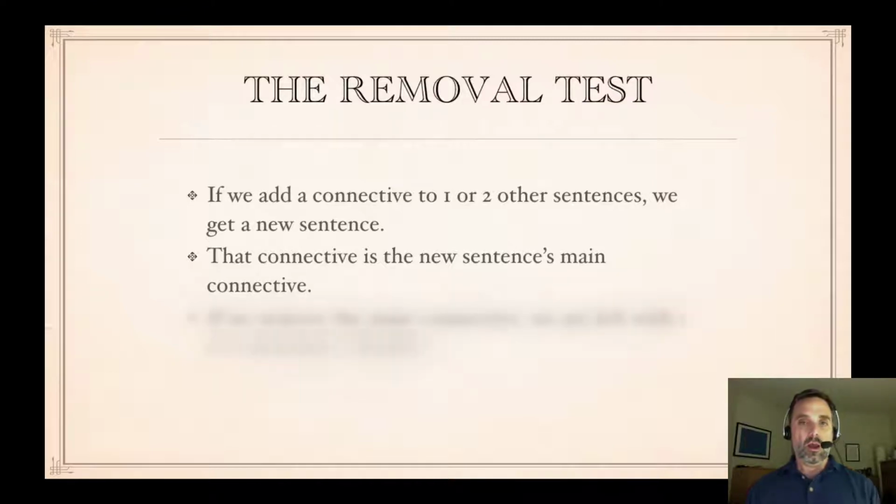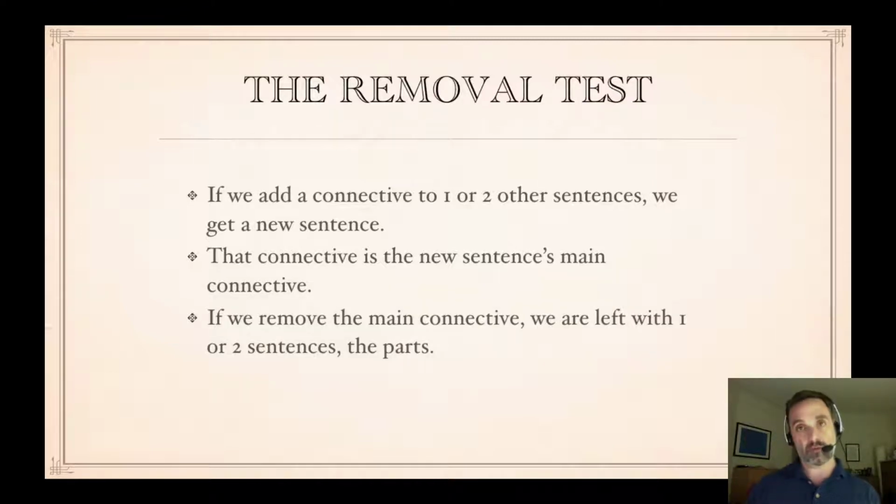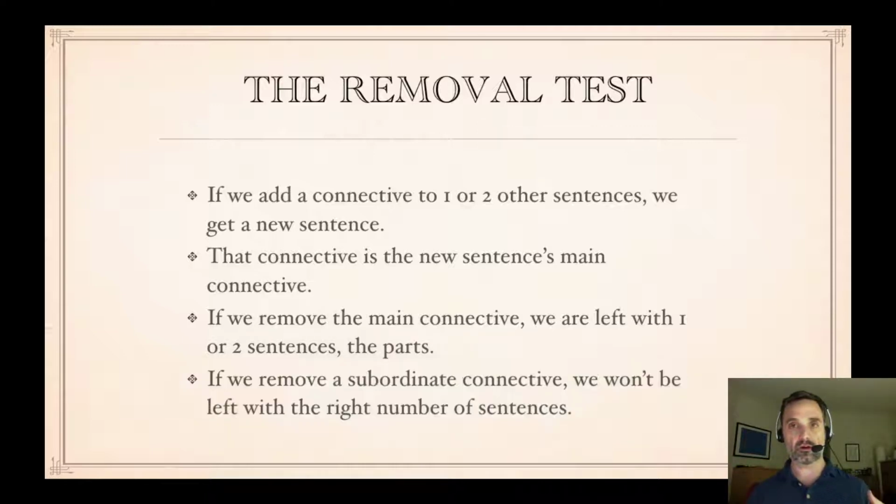So if you find the main connective and remove it, you should be left with the appropriate number of parts. 1 if the connective is a negation, 2 if it's a conditional. And if on removing the proposed connective, you're not left with the right number of sentences, then that connective is not the main connective of the whole sentence, it's the main connective of some smaller component sentence.